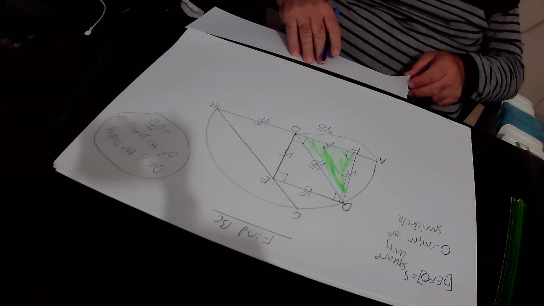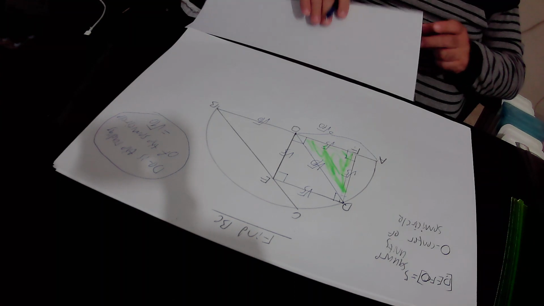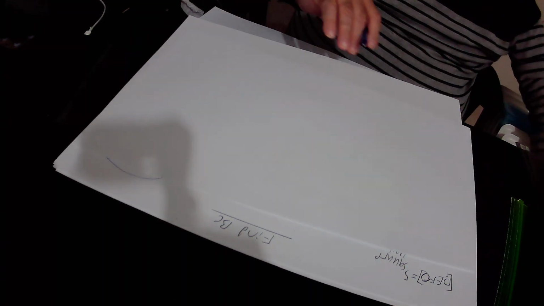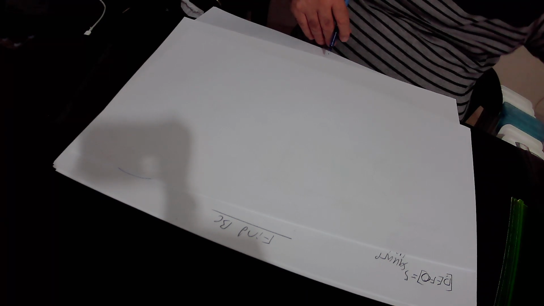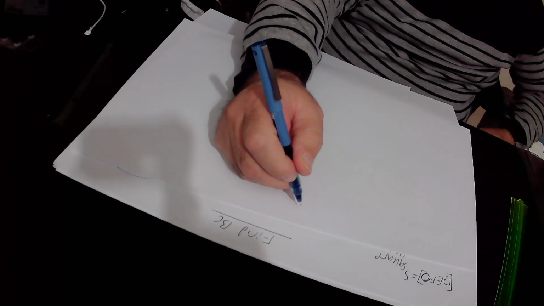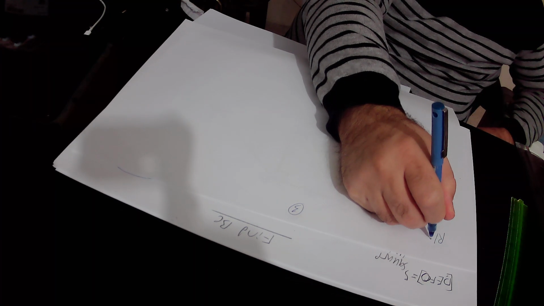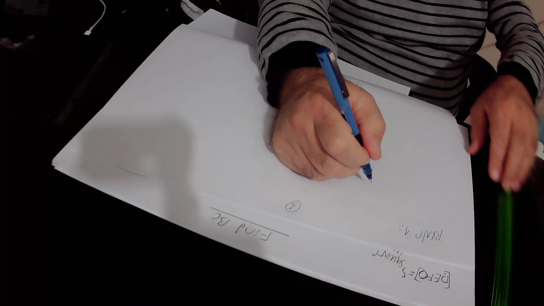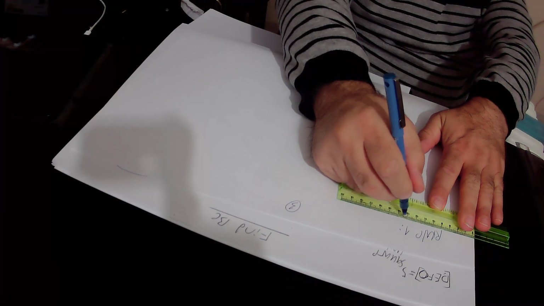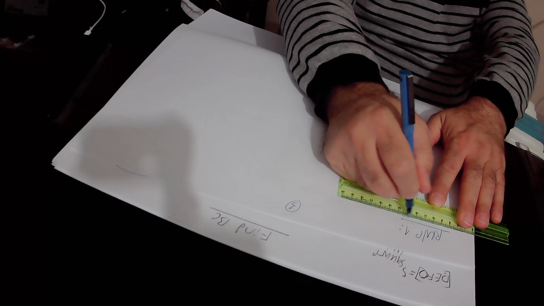According to the new rule, rule number 1, the sum of the angles on one side of a straight line is equal to 180 degrees.